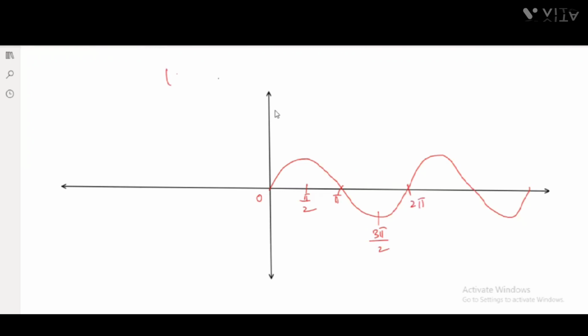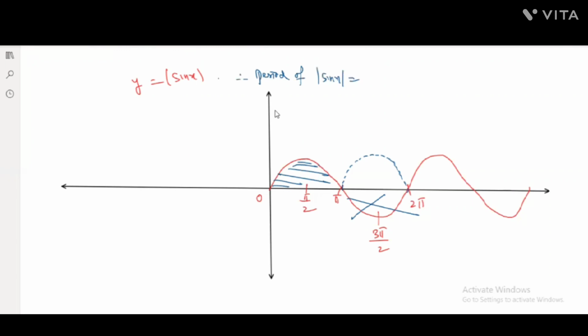But when I keep the mod for sin x, there is no chance of getting negative values. So this graph will be shifted to the positive side only. So every pi interval, the graph of mod sin x repeats again. That's why the period of mod sin x is pi.